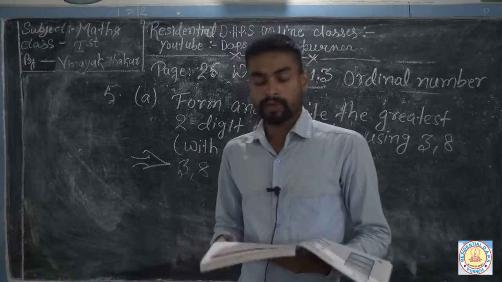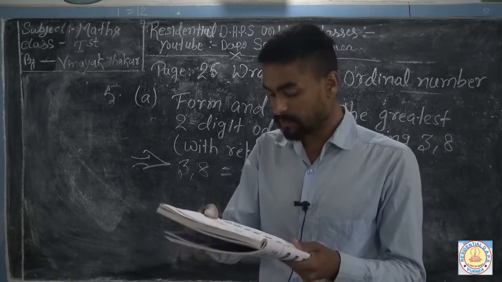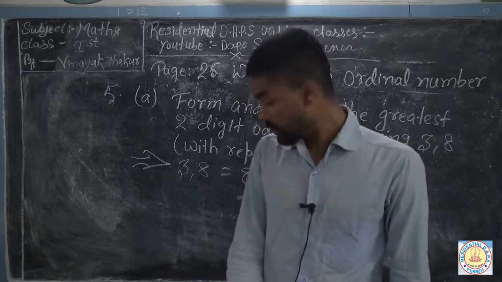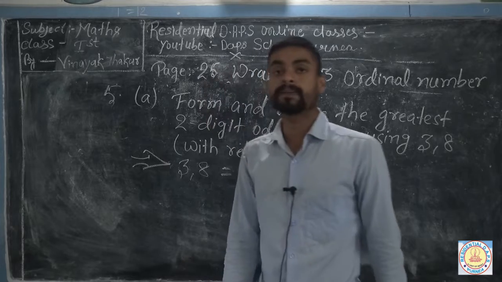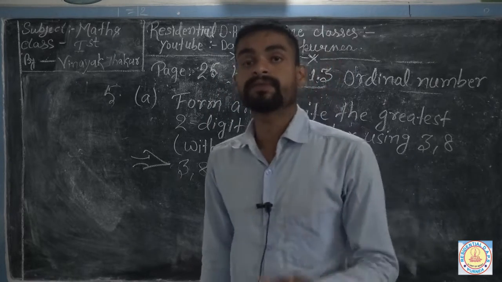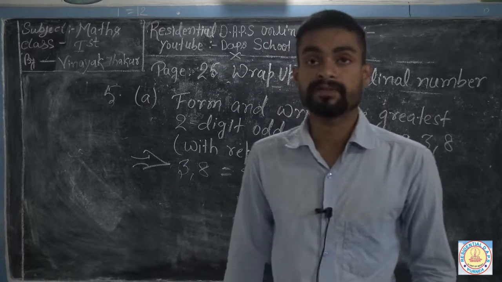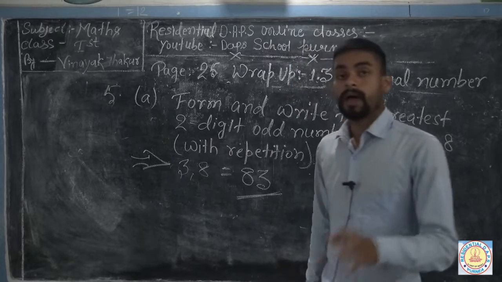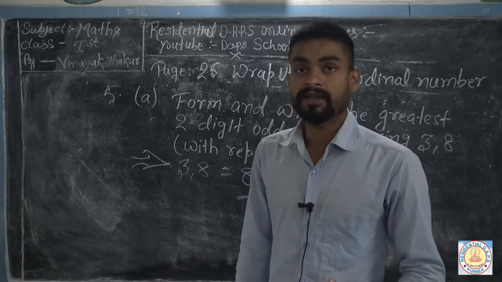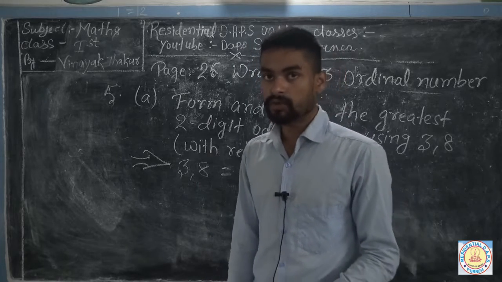Now your self-work is miscellaneous practice page number 27. You must solve your page number 27 because it comes from your chapter first. All these questions come from your chapter first, and I think you can understand very well what I am teaching you.